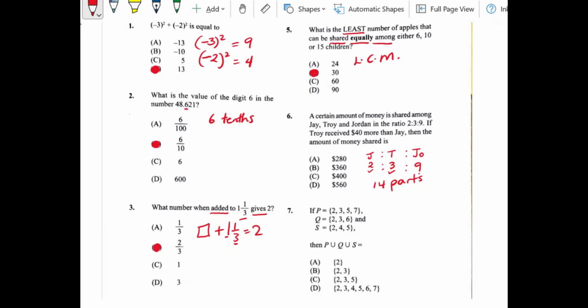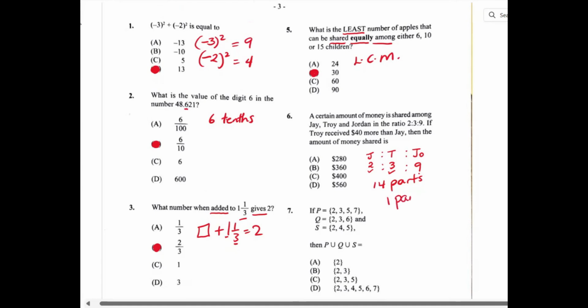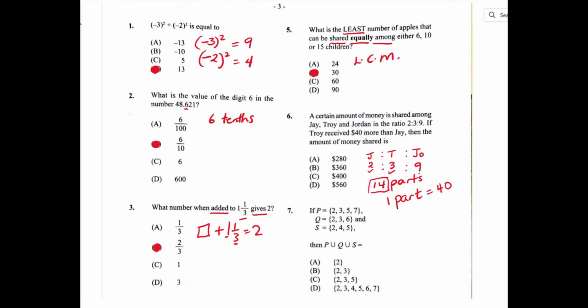So between Troy and Jay, one part is the difference because one person got 2, next person got 3. And since they said that that extra was $40, that means one part is $40. So all 14 parts will be equal to 14 times 40, which is equal to 560. So the 560 is the answer.